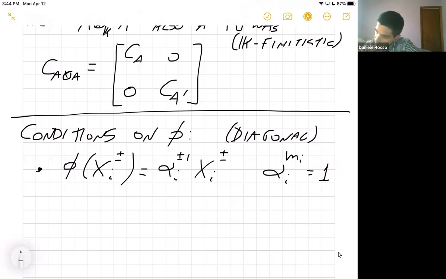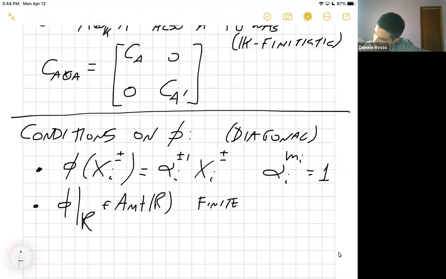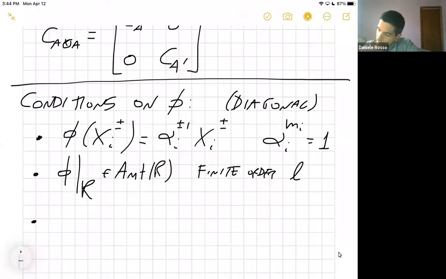And then if I restrict phi to the base ring R, this should be an automorphism of finite order L. And I want all these to be relatively prime. So L, M1, through Mn should be pairwise relatively prime.